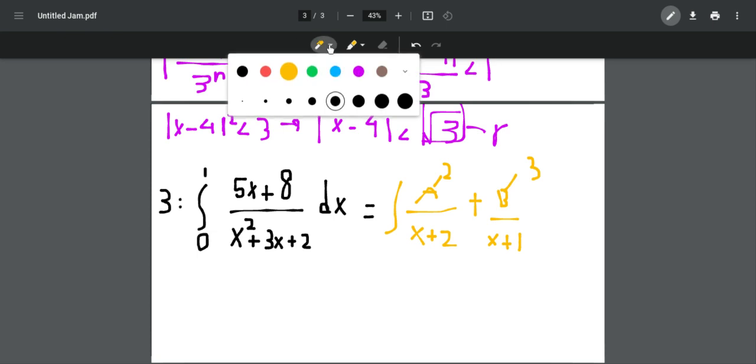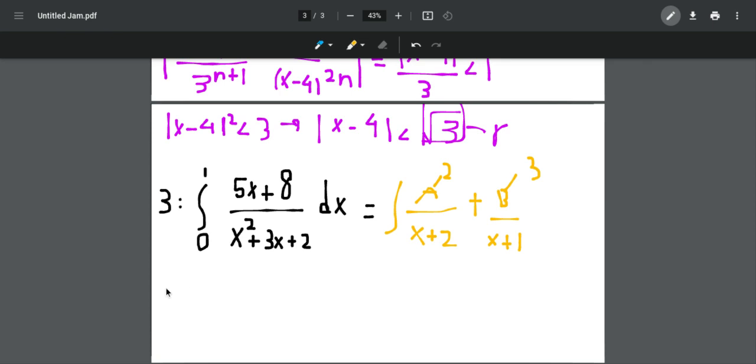Now we can integrate and then evaluate this integral. When integrating this, we just get 2 times natural log of the absolute value of x plus 2, and I'm going to evaluate this from 0 to 1. We can forget the 2 for now.